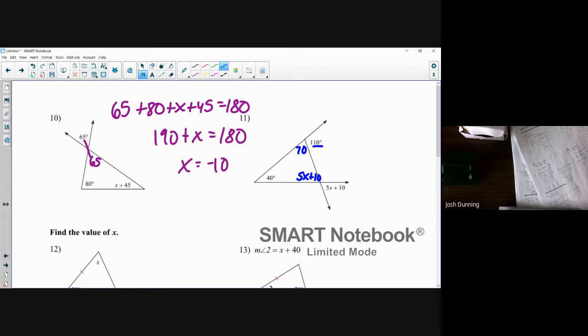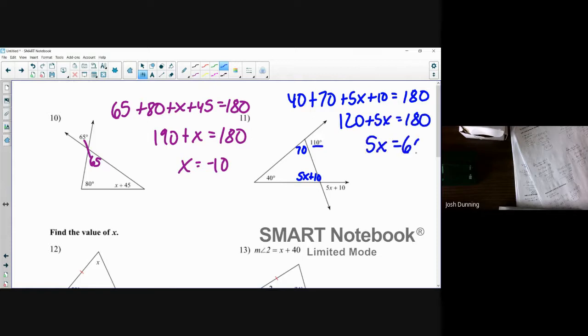And then again, do it all over again. So that's 120 minus the 120. You get 6, divide by 5, 12.